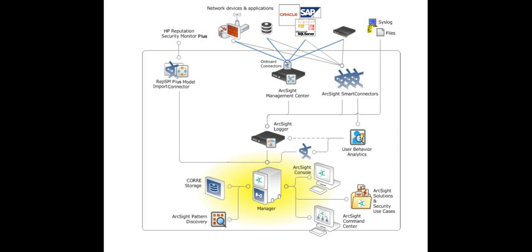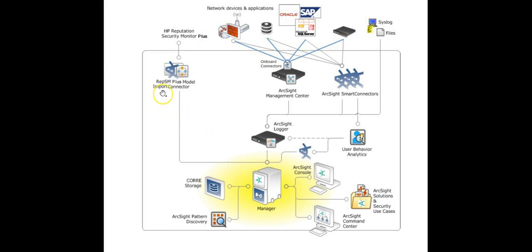The ArcSight pattern discovery is an add-on in the ArcSight ESM. We'll talk about it later. And the ArcSight solution security use cases, we will also talk about them later in next videos. And RibSM is one of the modules that you can add to import the threat intelligence feeds from the cloud.